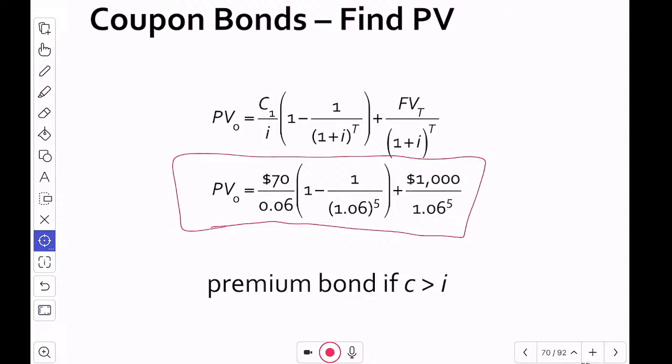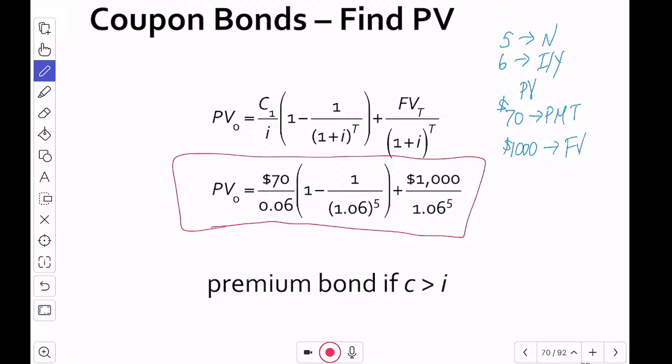And in your calculator, you enter 5 into N, 6 into interest. PV is what we want. Sorry, 70 into payment. And 1,000 into FV.